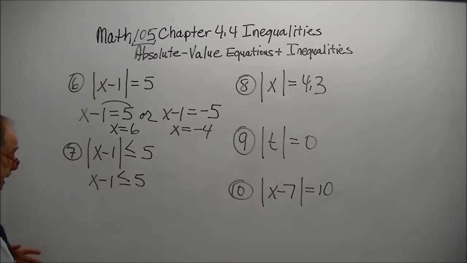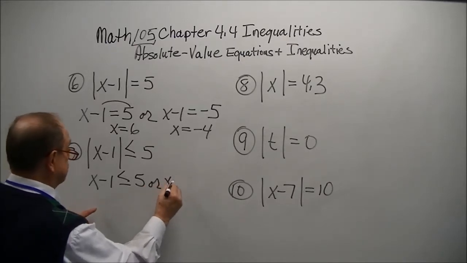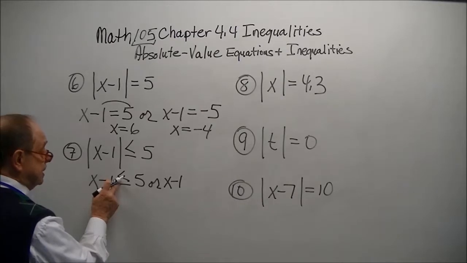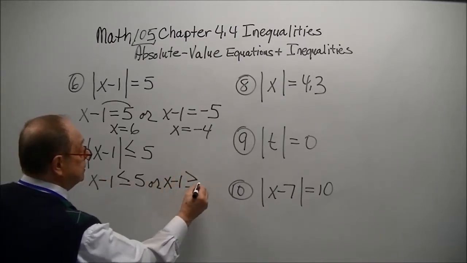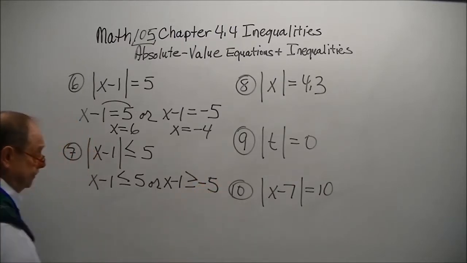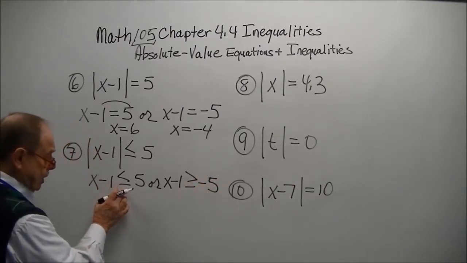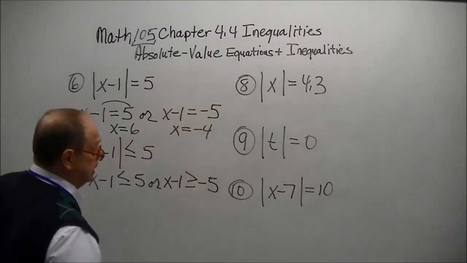Now when you write it again, for x minus 1, change the direction of that sign. It's going to be greater than or equal to a negative 5. All right, so that's the key when you are setting up your absolute values where they are inequalities.